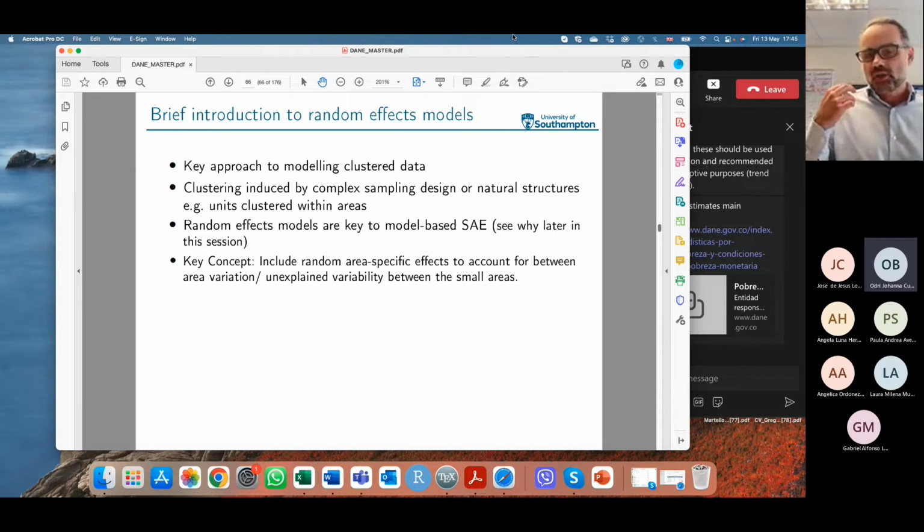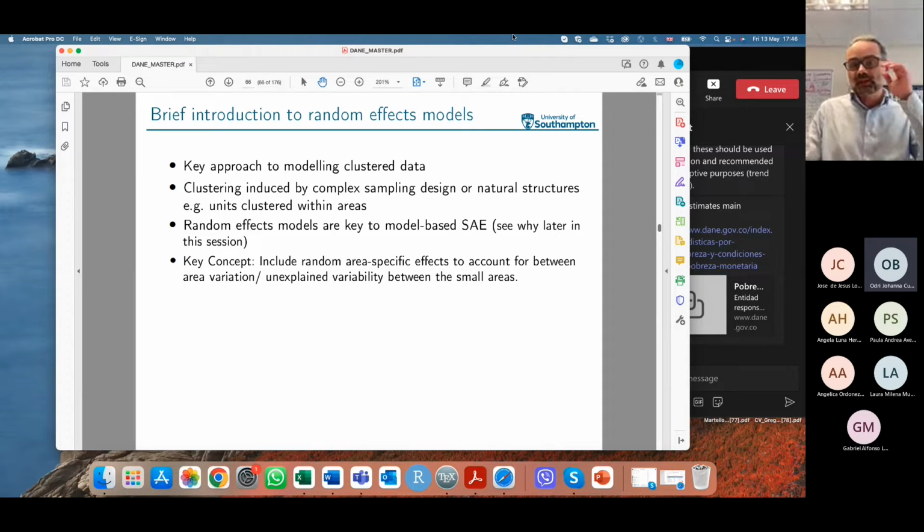So the fact that you are using a complex design to collect your data may create something where units cannot be assumed to be independent, but you have to account for the similarity in observations that belong to the same group.